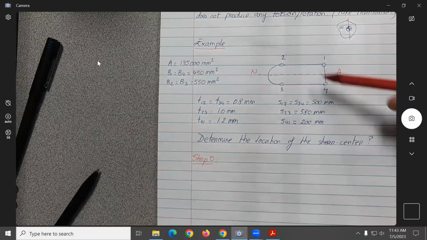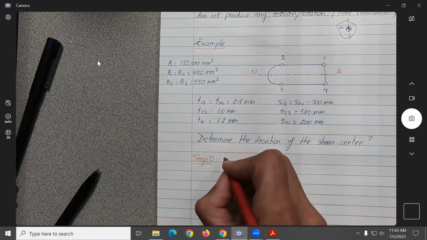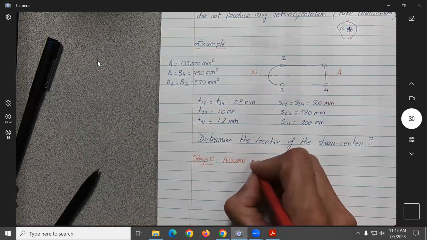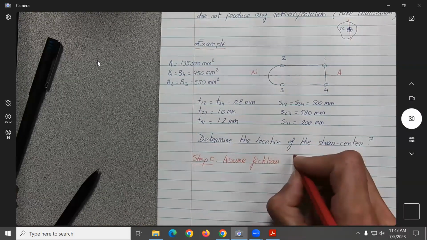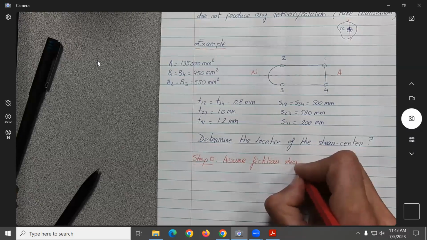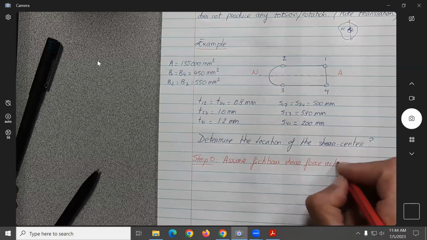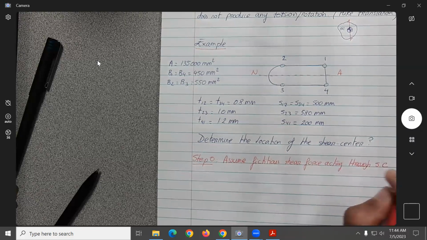Okay, what is missing from the previous problem over here? There is no shear force, no? So what we're going to do is assume a fictitious shear force that is being applied through the shear center. So step 1, assume a dummy, fictitious, whatever you want, shear force acting through the shear center.